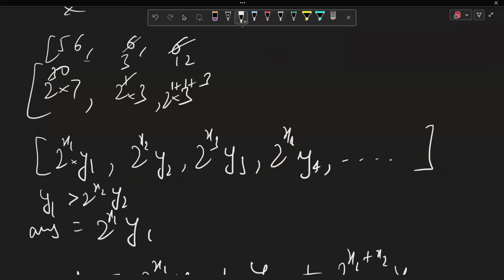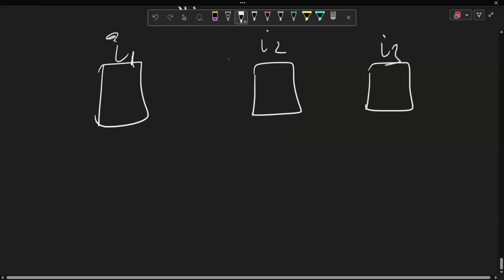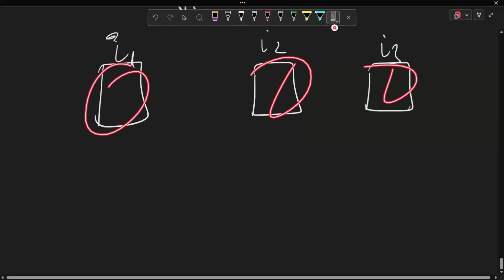If you look at some place, at some index I1, some power of 2 is left. This is some index I2, where some power of 2 is left. This is some index I3 where some power of 2 is left. At max, how many such indexes can exist at a time?